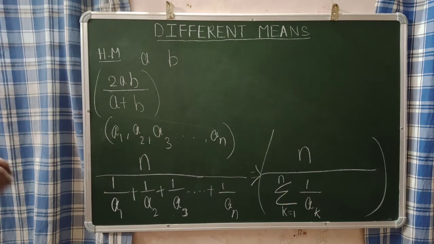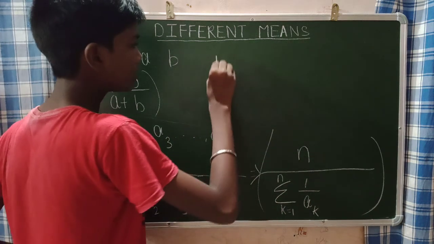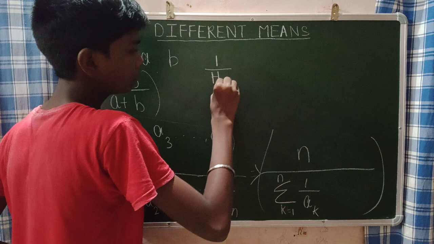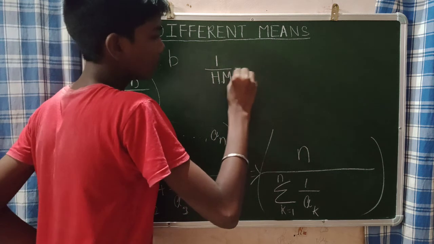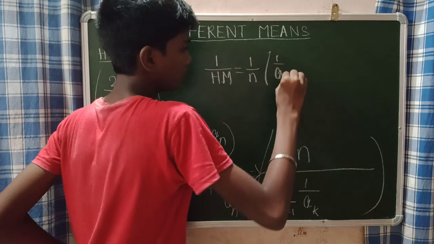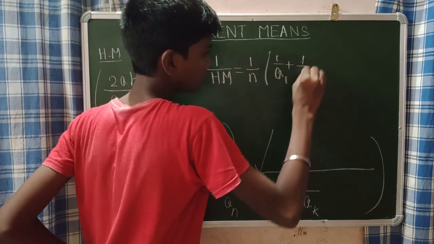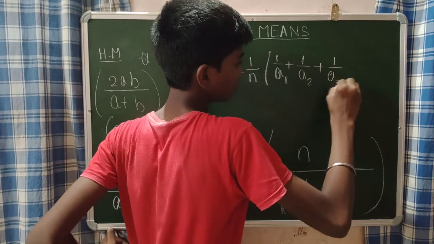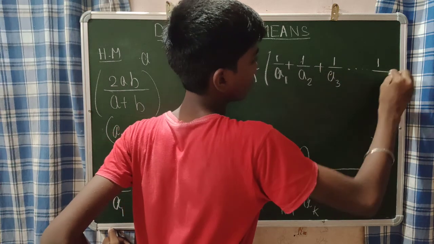So from this I can say one relation. 1 by HM, that means harmonic mean, will be equal to 1 by n into 1 by a1 plus 1 by a2 plus 1 by a3 all the way up to 1 by an.